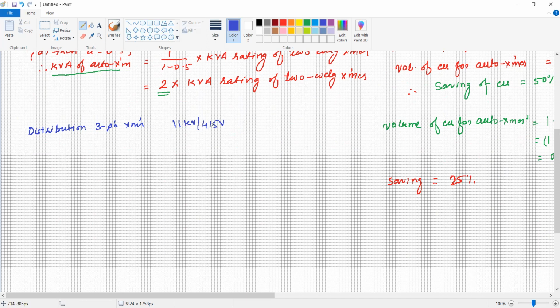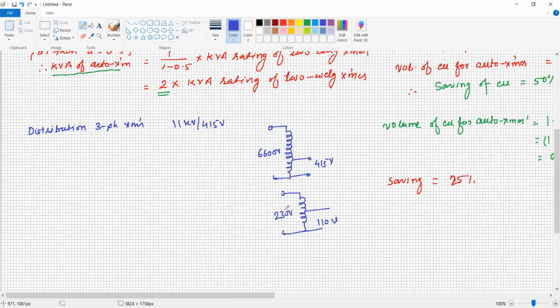But we are not using a three-phase auto transformer in the distribution network, nor in single phase where we need continuous application. For example, the primary is 6600 volt and the secondary voltage is only 415 volt. Or it may be a single phase transformer with continuous use, 110 volt on one side and 230 volt on the other.